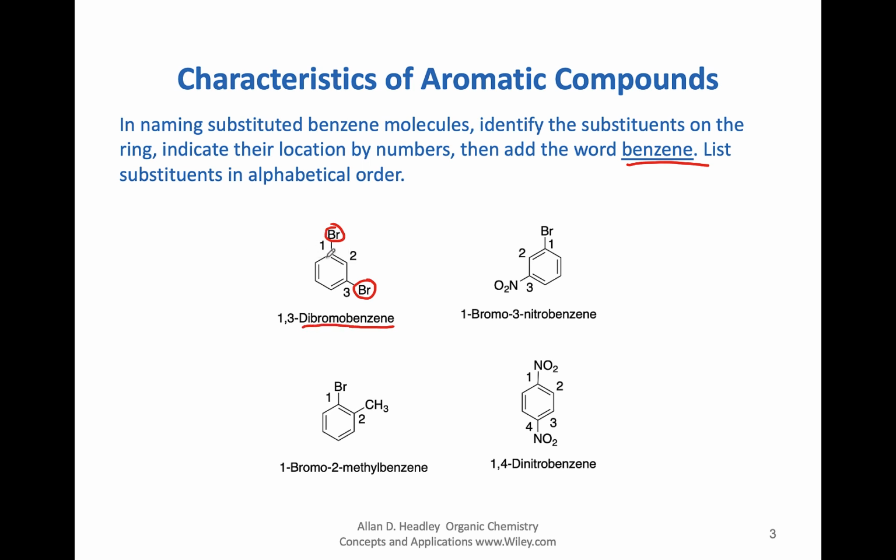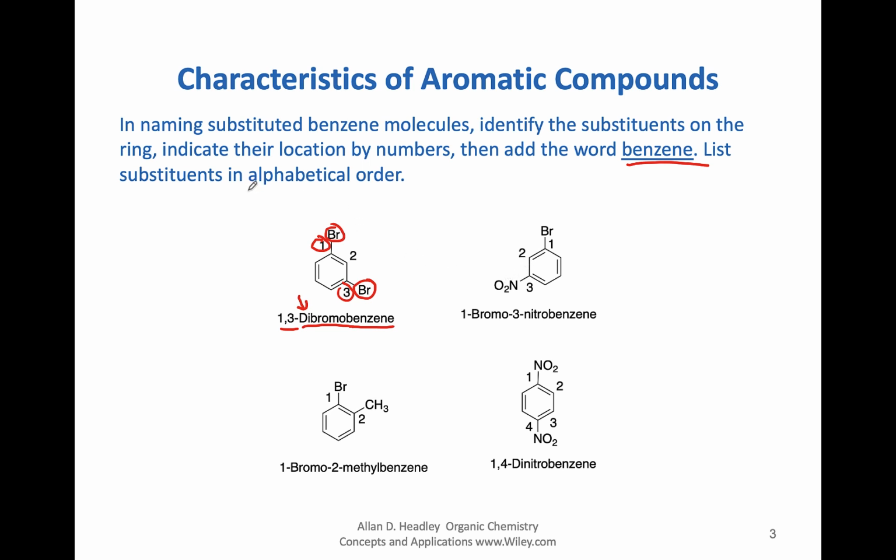Then we'll have to indicate the location of these two bromines. Then positions number 1 and position number 3. So it's a 1,3-dibromobenzene. Here's another one. This is the benzene ring right here, and it has a bromine substituent and a nitro substituent. So which one goes first?